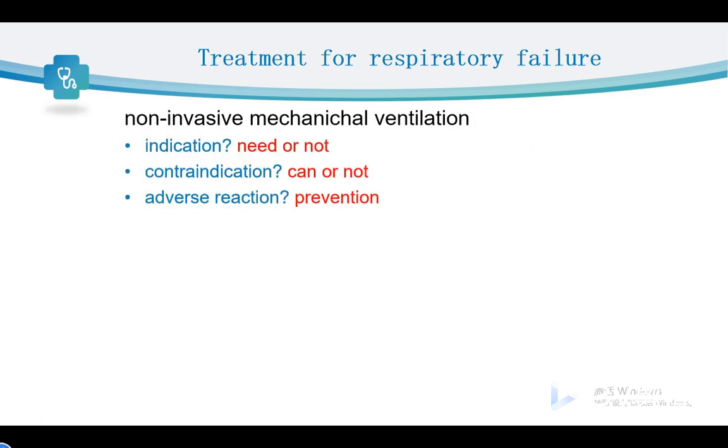Now, let's look at some more details about the mechanical ventilation. For the non-invasive mechanical ventilation, we need to focus on the indication, constraint indication, and adverse reaction of the mechanical ventilation. This part is for your self-learning after class.